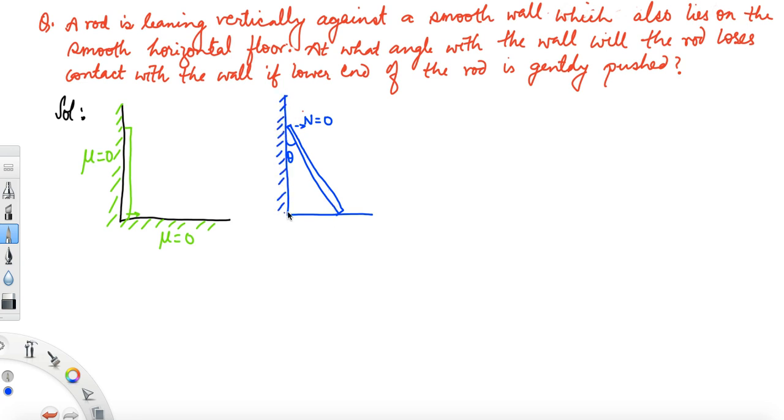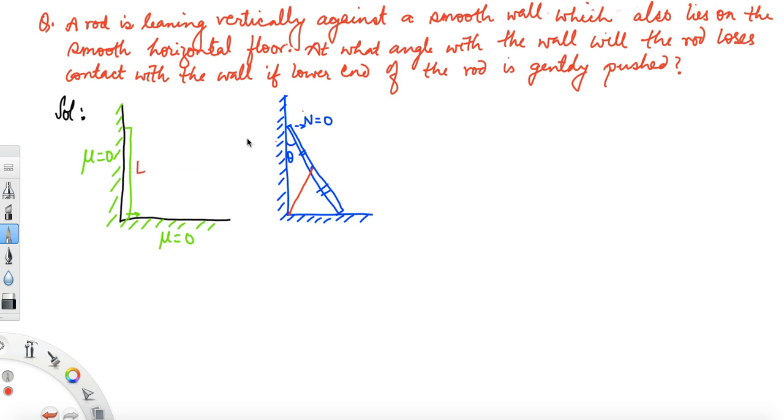First of all, in order to solve this problem, the first step is to look at the trajectory followed by the center of mass of the rod. So we can straightforwardly see that the center of mass's trajectory is going to be circular. How? Because this is the midpoint, and also if you look at this distance, this distance is also going to be the same, that is L over 2.